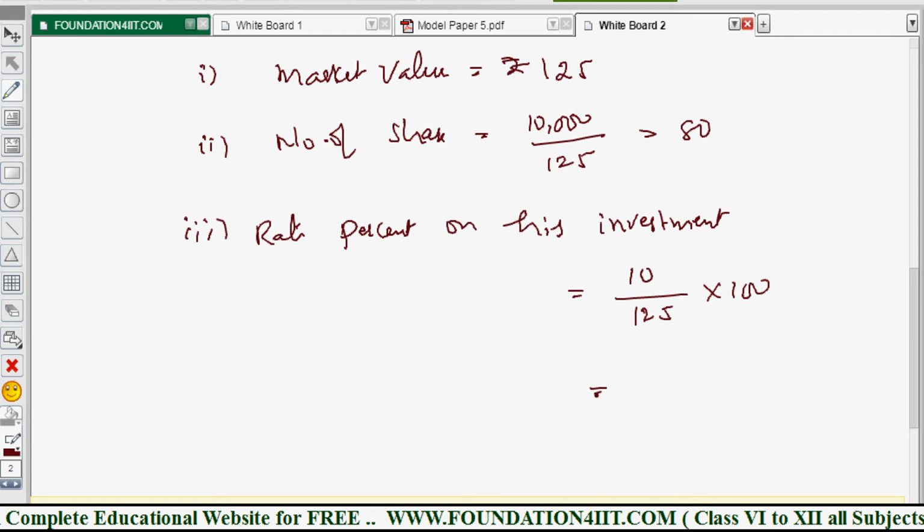This is the rate percent. 10 by 125 into 100 is 8%. Just use the calculations. Therefore the rate percent on his investment is 8%.